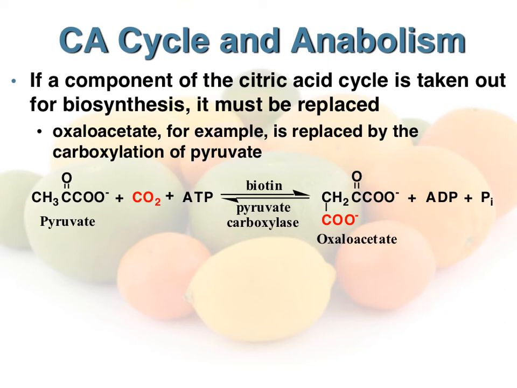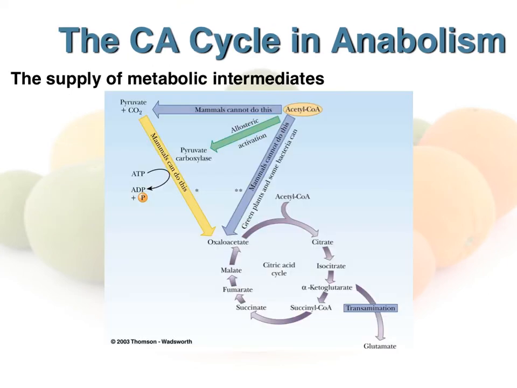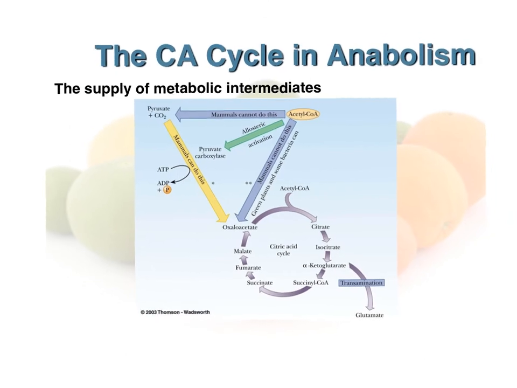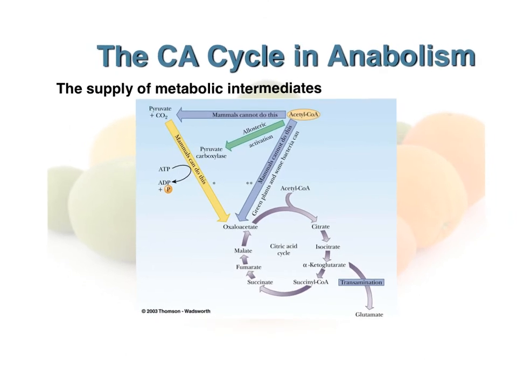This is pyruvate carboxylase. Just to show you from before. Okay. So that was another example for anabolism. Remember, catabolism is breaking down, anabolism is building it up. This one is a little cartoony way, or one of the cartoony ways of showing that same thing. Okay.